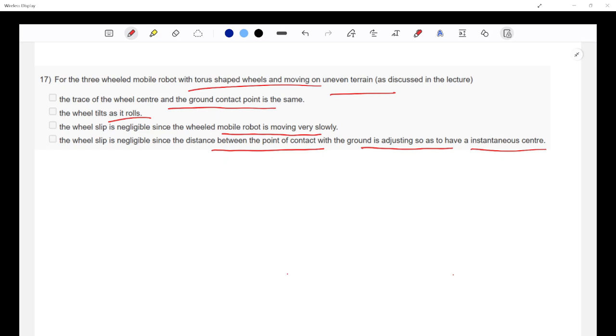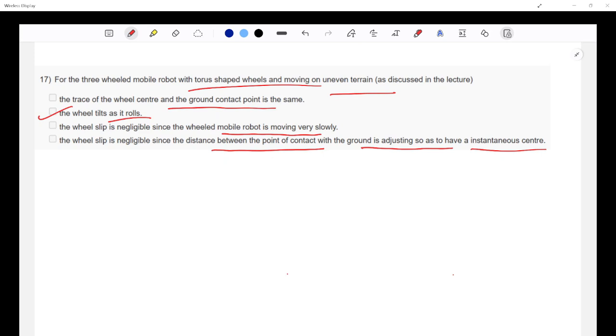From the simulation and analysis done in the lecture, we have seen that the wheel tilts while rolling. Contact points move differently than the wheel center, and the geometry adapts continuously. So the correct option is that the wheel tilts as it rolls because passive joints allow tilting. It helps maintain proper contact. This is clearly shown in the simulation results.